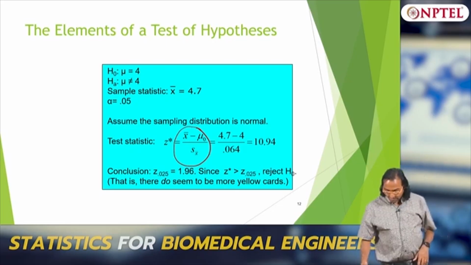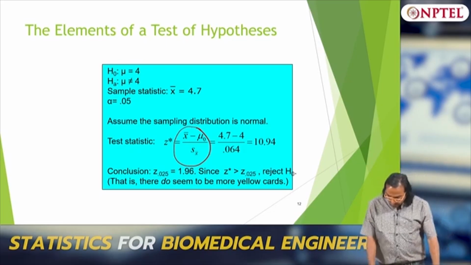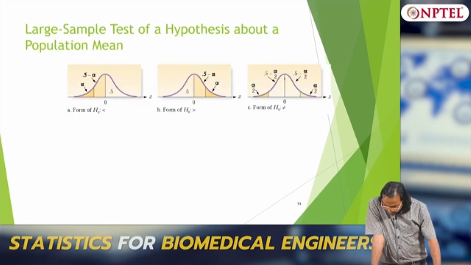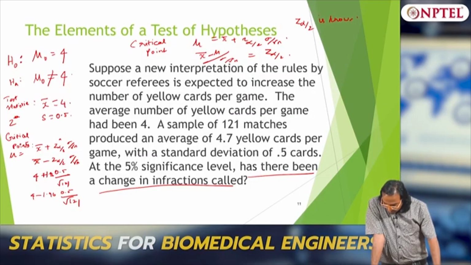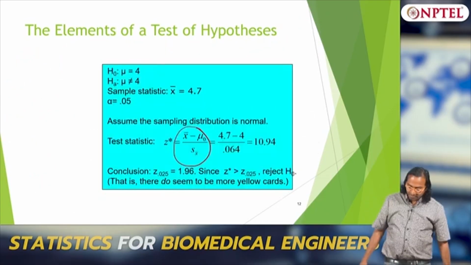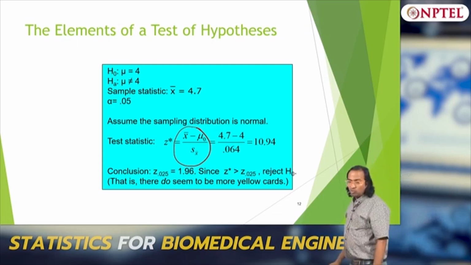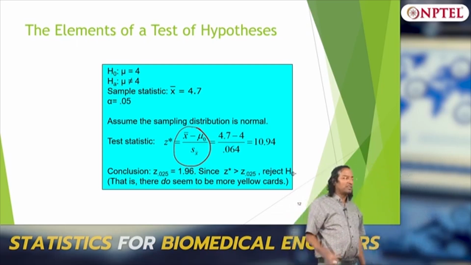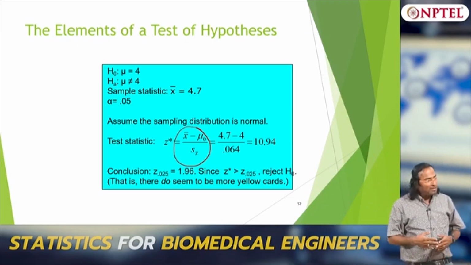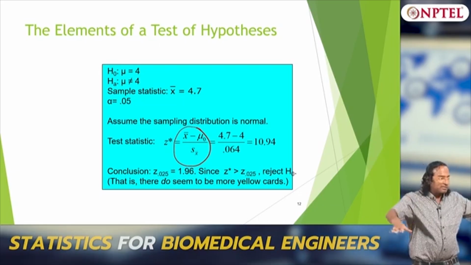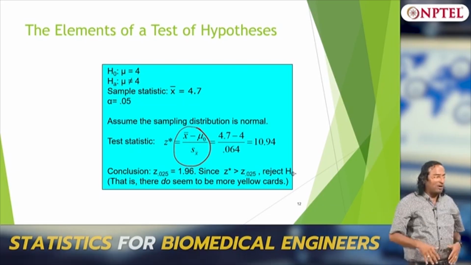It should be that way, I think there is a mistake here, this is Sx bar, it cannot be 0.064, it should be 0.04. There is a calculation error because this is sigma over root n. So this 0.5 is not Sx bar, this 0.5 is the standard deviation of the sample you have got.